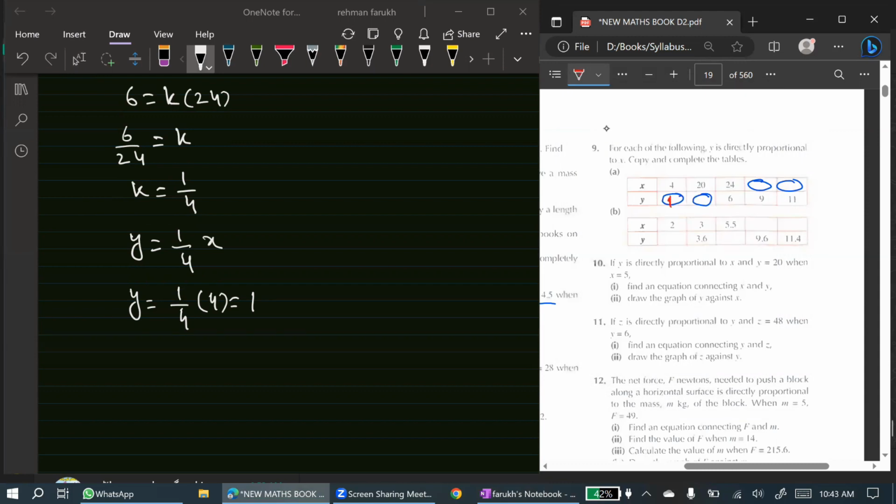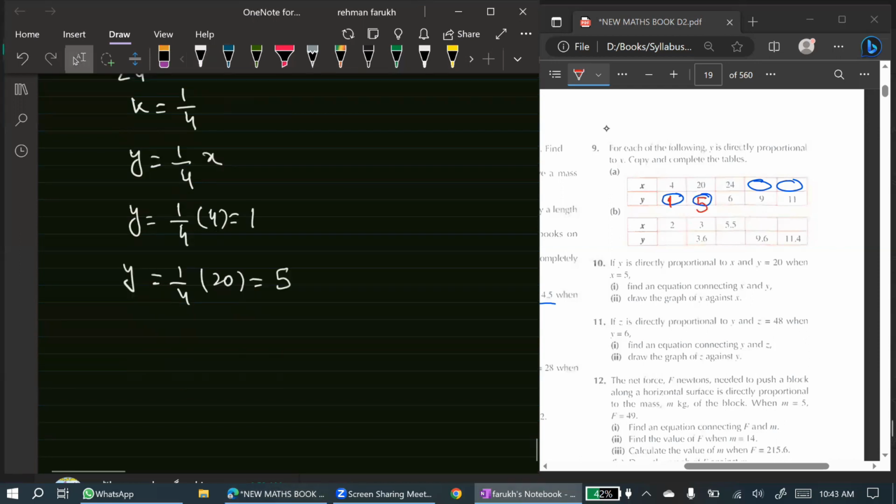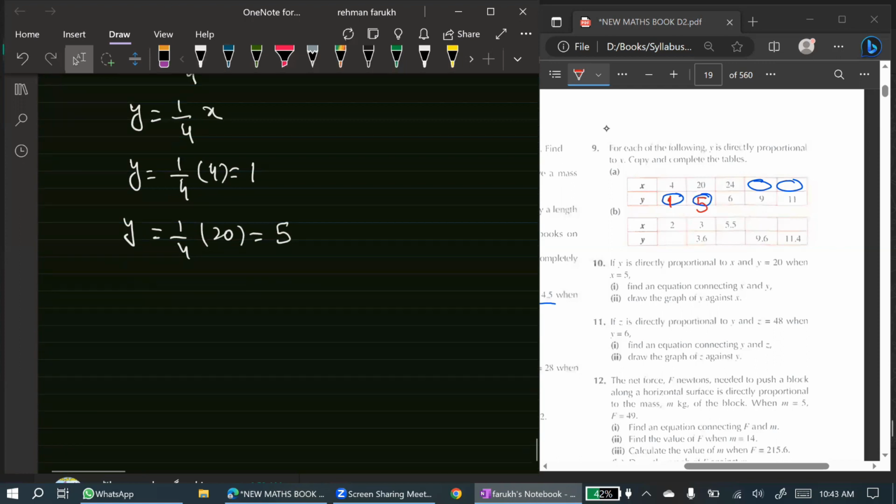Now we will put x is equal to 20, y is 5. Now we will put y is equal to 9, x is equal to 36.